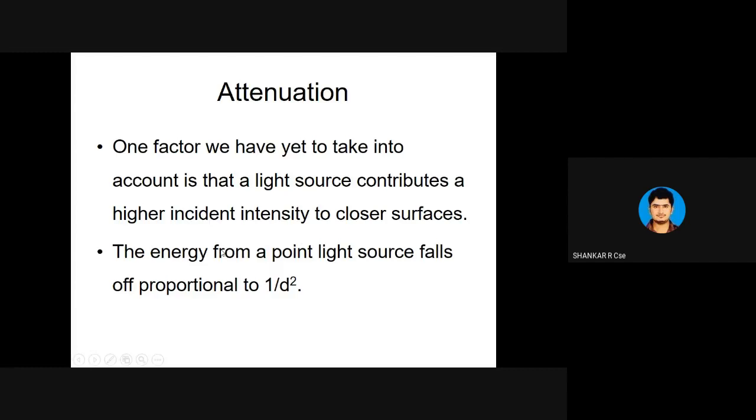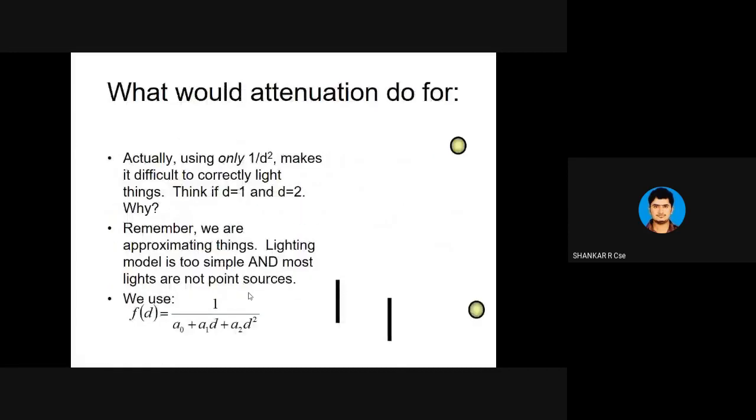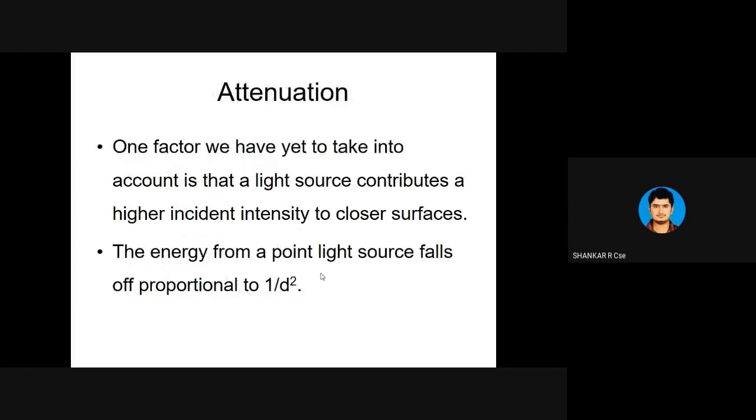So how do you put it in terms of mathematics? The energy from a point light source falls off proportional to 1 by d square. D is the distance. I will write energy is equal to 1 by d square, or intensity is equal to 1 by d square.